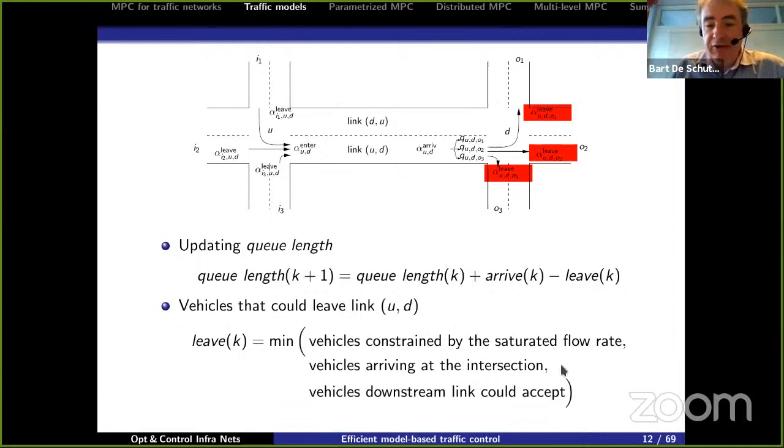Moreover, we can only have vehicles leaving the intersection if they've arrived first. So we look at the number of vehicles arriving. And finally, we also look at whether the downstream links are blocked or not. So we take into account how many vehicles the downstream link can accept. And that will then describe how many vehicles can leave the intersection.